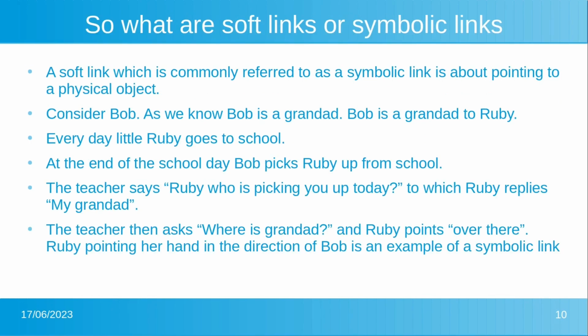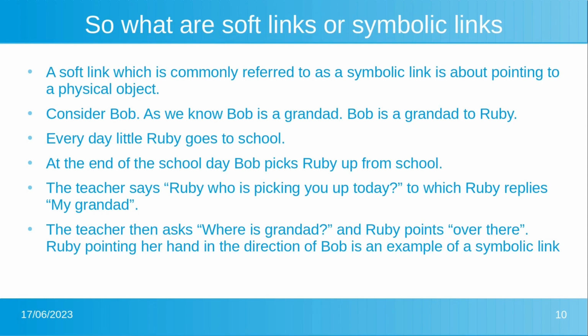So what is a soft link? Well, a soft link is commonly known as a symbolic link, and it's about pointing to a physical object. So considering Bob, as we know, Bob is a granddad to my child. My child's called Ruby. So every day Ruby goes to school. At the end of the school day, Grandad has to pick Ruby up from school.